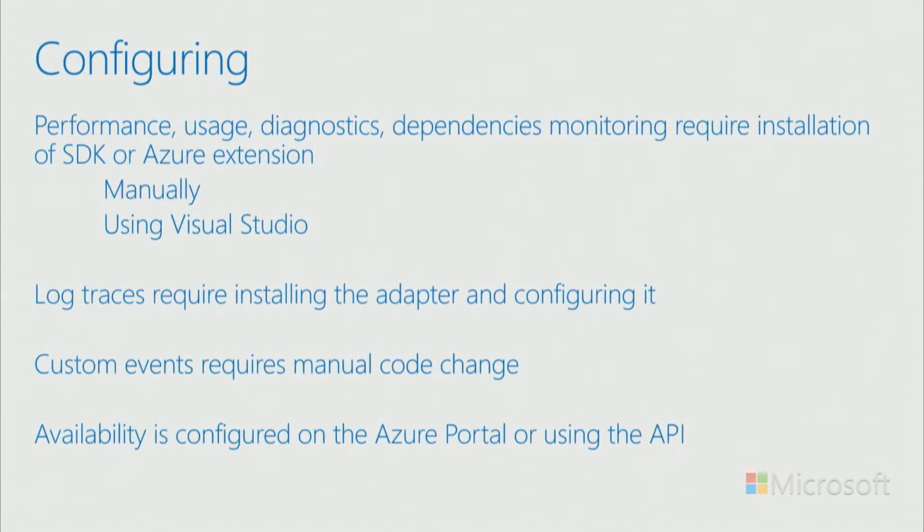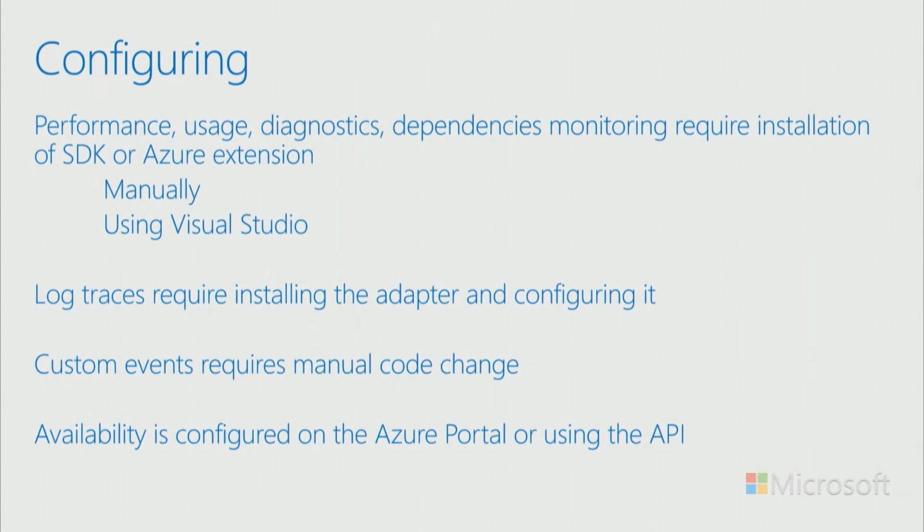In order to configure your application to start sending telemetry to Application Insights, it uses an SDK on your application. It's something that you install either manually, depending on your language, platform, etc., or you can install using Visual Studio if it's an ASP.NET application, or if it's a diagnostics application for Azure, you configure it on the portal.